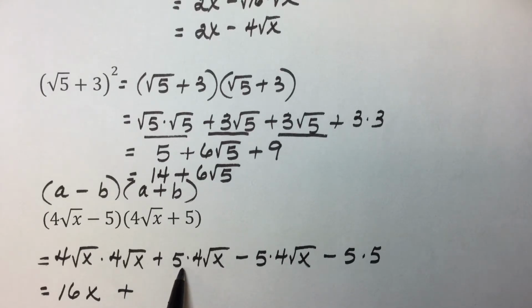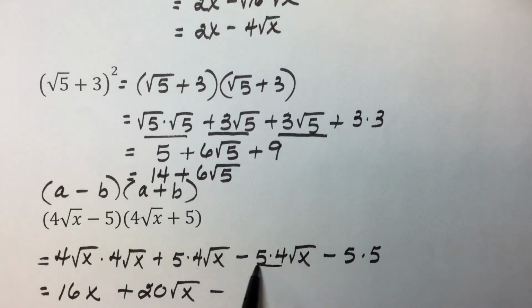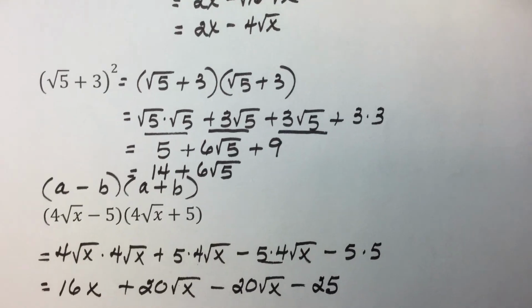Ignoring the addition and moving to multiplication following order of operations, we have 5 times 4 is 20 square root of x. Skip the subtraction, move to multiplication. We can replace 5 times 4 with 20 square root of x here, and again, moving to the last multiplication, we have a 25.